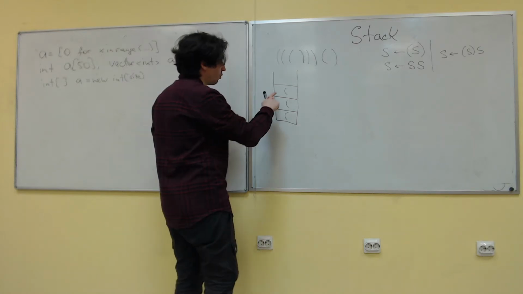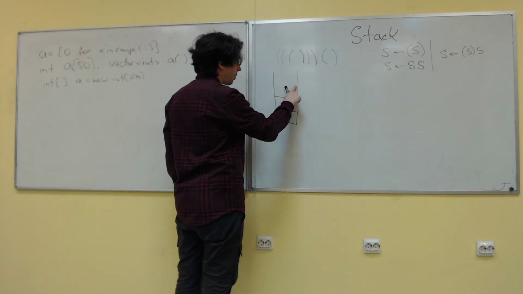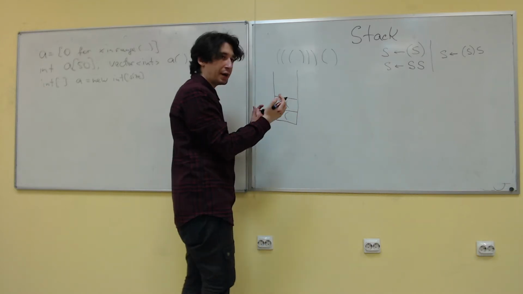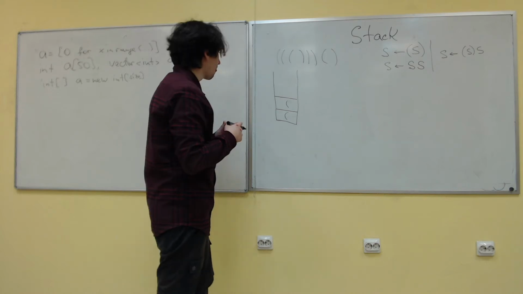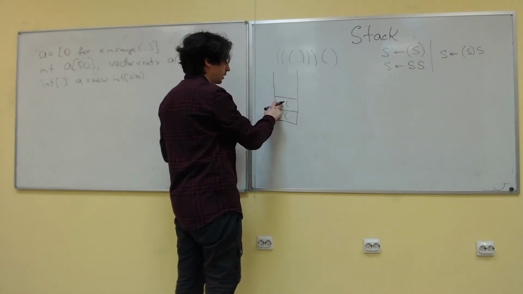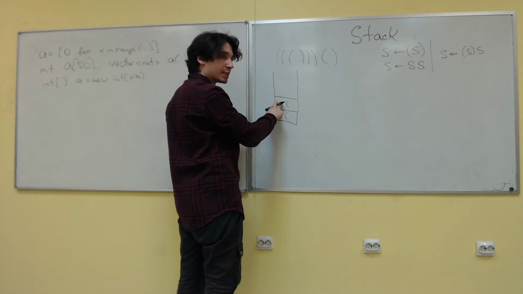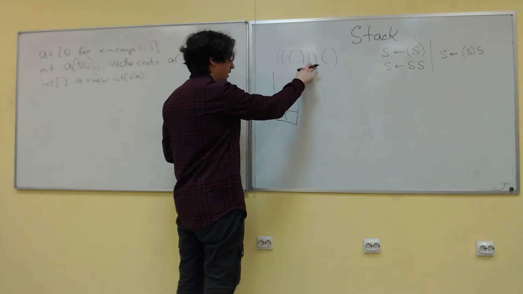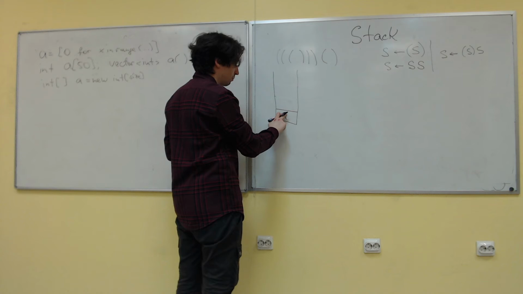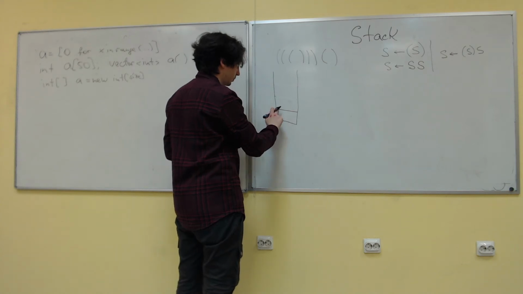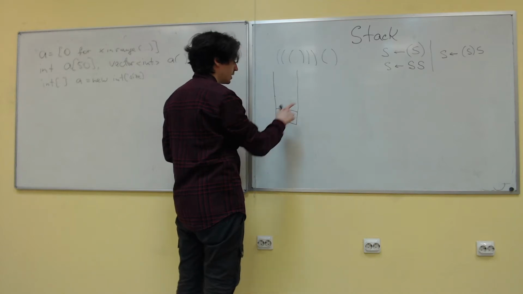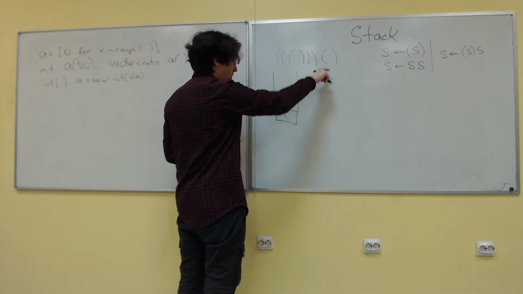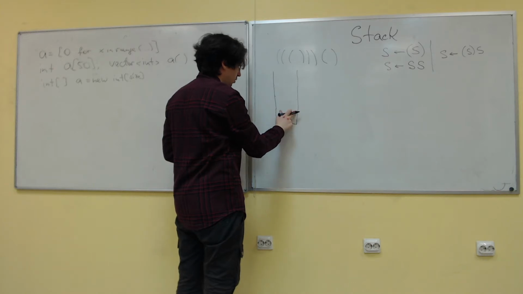We just remove the open bracket from the top of the stack. That's kind of, we paired these brackets up. Then again we see a closed bracket, then we should pop the open bracket from the stack. And so on. Then again the closed bracket, you remove this open bracket here. Then you again put one open bracket, and then you get the closed bracket and remove it from the stack.